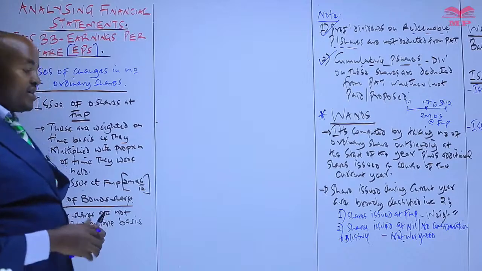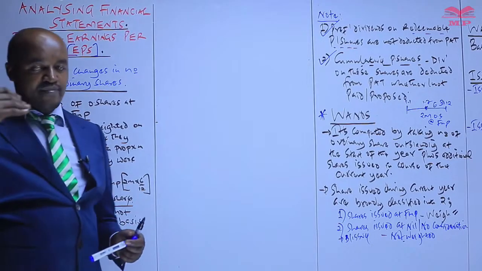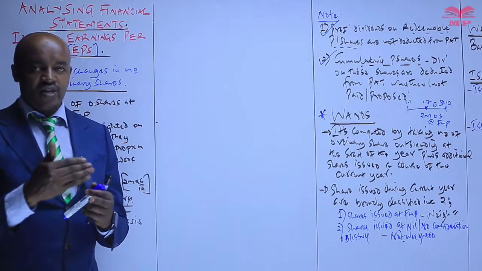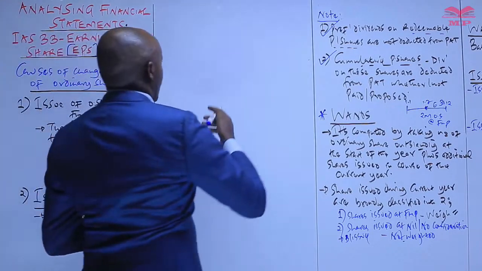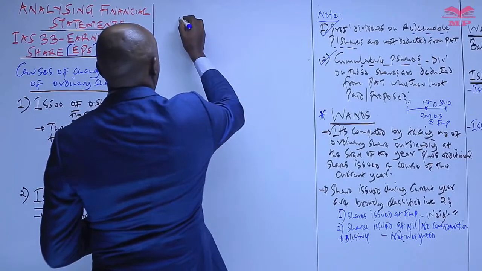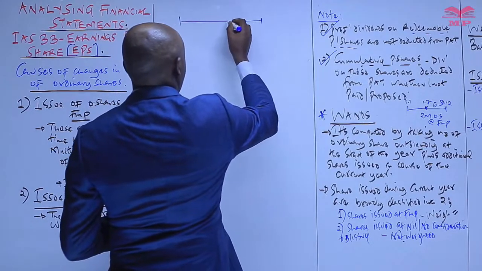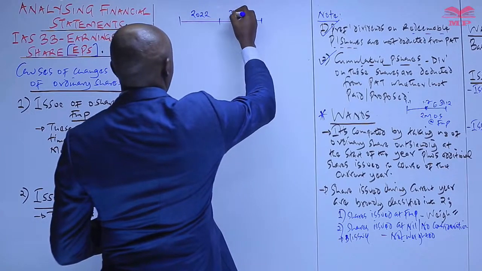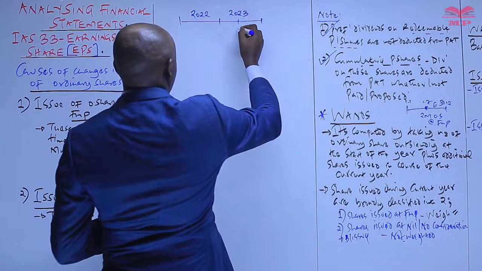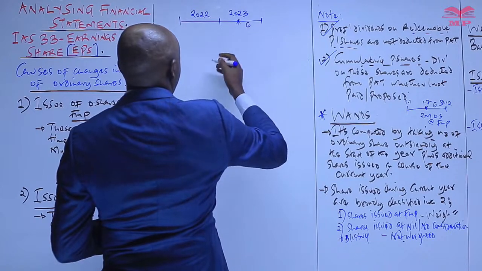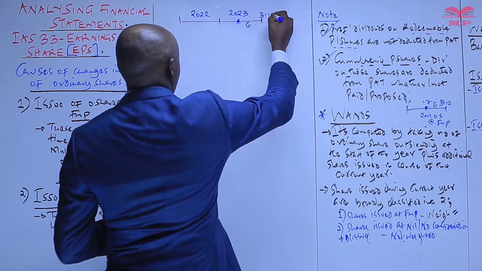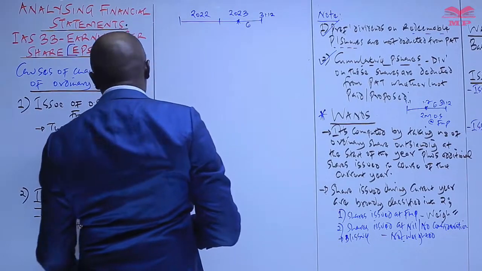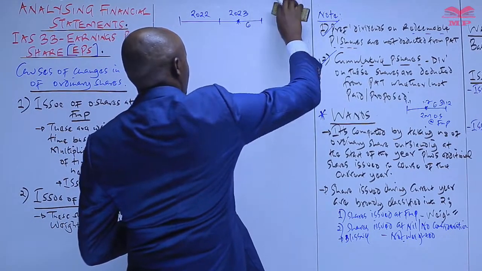Equally, if we are given financial information about the previous financial year, we assume that those particular shares had been issued at the start of the previous year. Like, assuming you come across a question on earnings per share, and you're given information about 2 years, 2022 and 2023, and the year ends on 31st of December.